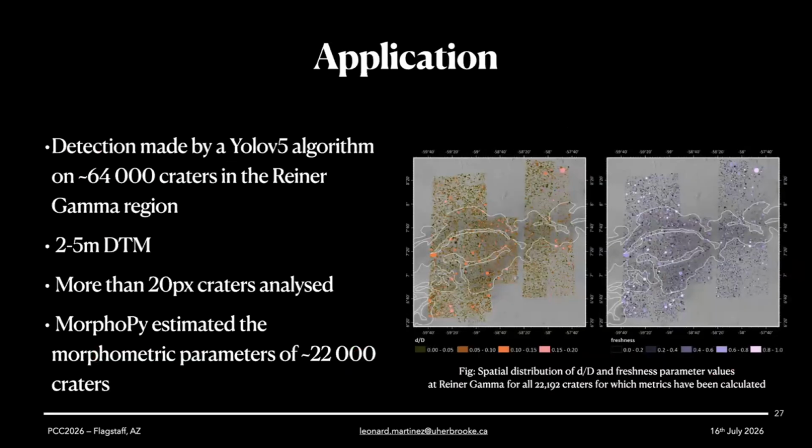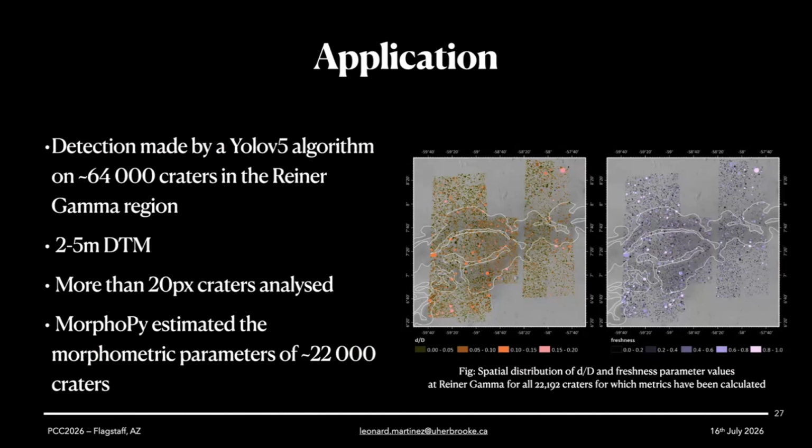In order to validate the process, we applied the whole thing to the Rhino Gamma area. The crater detection database was made by one of our collaborators, Valentin Dickel. It detects more than 65,000 craters in the Rhino Gamma region.